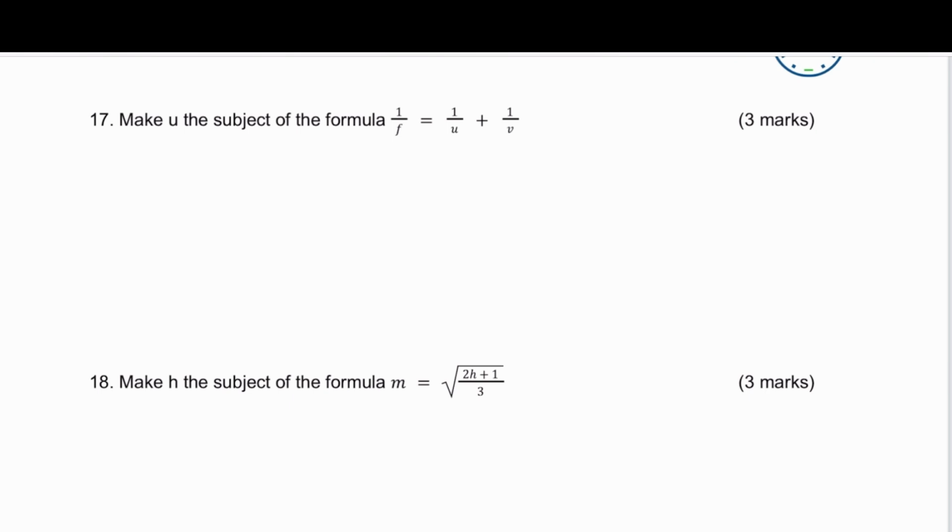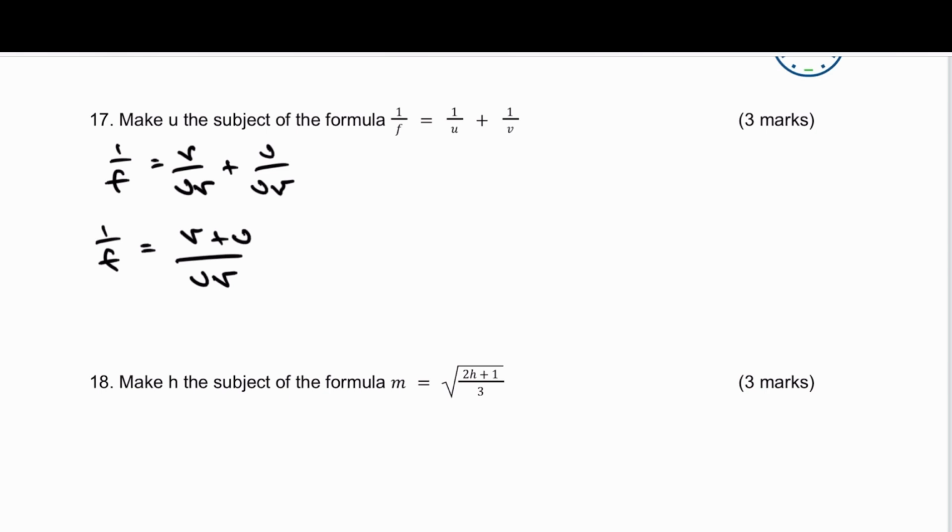So what I end up with is 1 over f equals v over uv plus u over uv. So when I add those together, I get 1 over f equals v plus u all divided by uv.